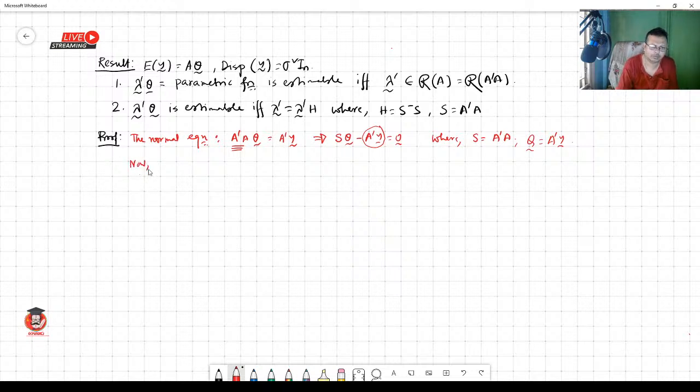Now theta curl hat is a general solution which is equal to S G inverse q curl. This is a particular solution.